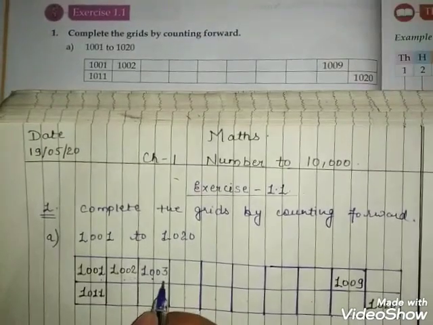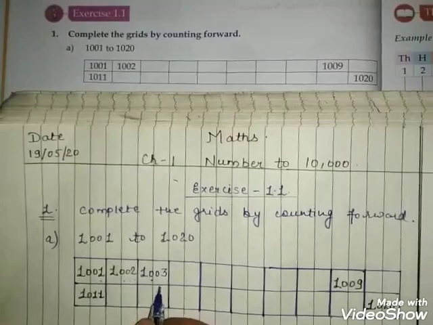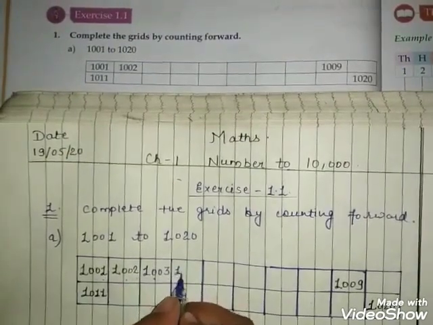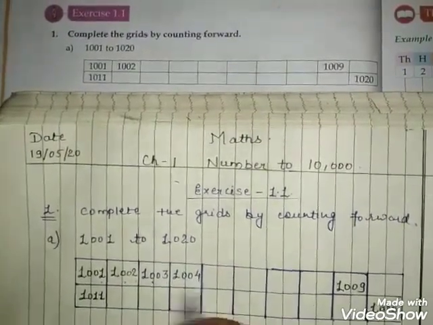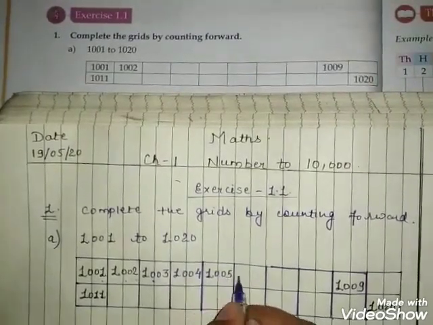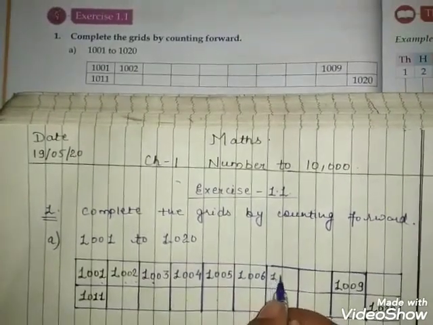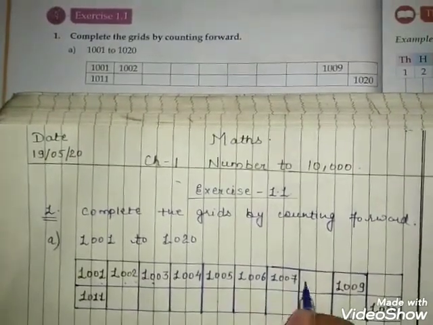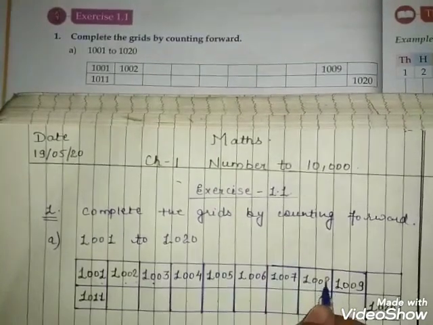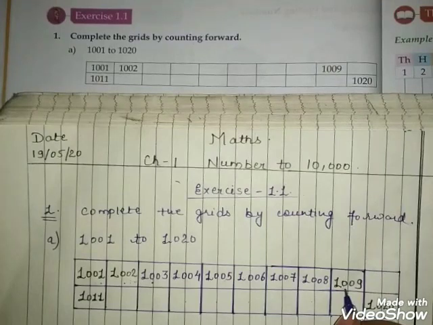Now let us add again 1 to 1003. It will become 1004. Now again move forward. It will become 1005. Then in the same way it will be 1006, then 1007, then 1008. As 1009 is already given, you have to do nothing with it.